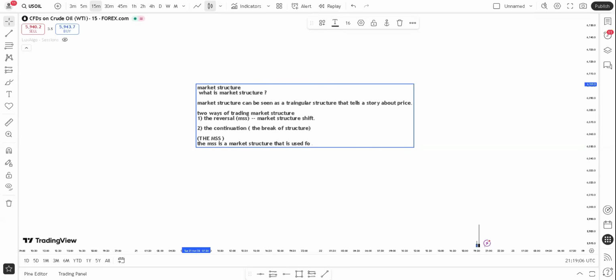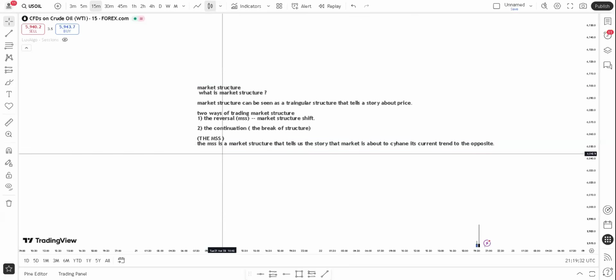Or let me put it like this: the MSS is a market structure that tells us the story that the market is about to change its current direction to the opposite.